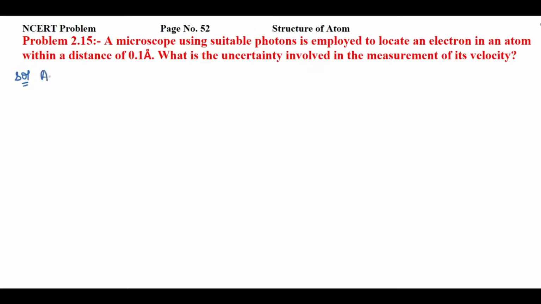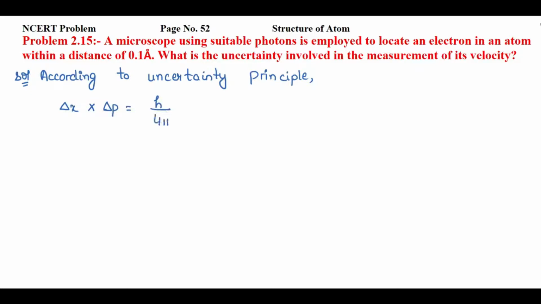So you can write according to uncertainty principle, the formula is delta x into delta p equal to h by 4 pi, right?